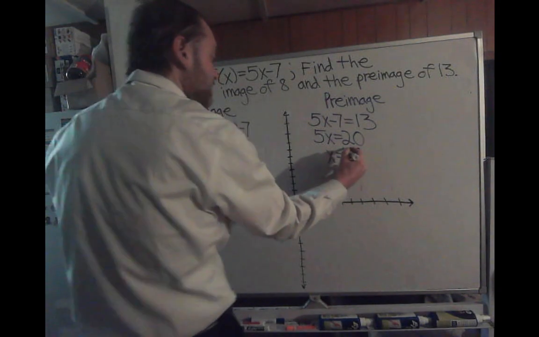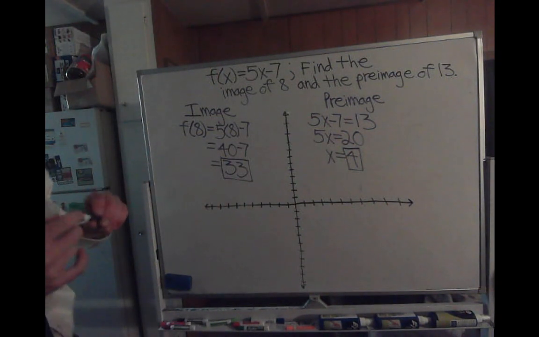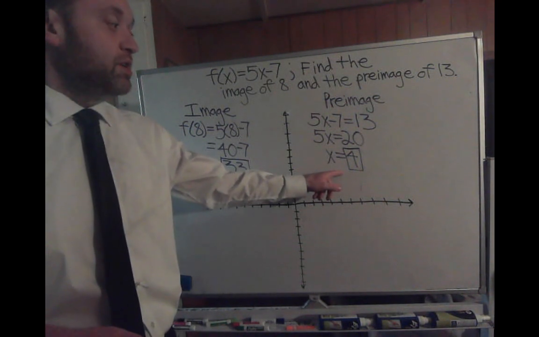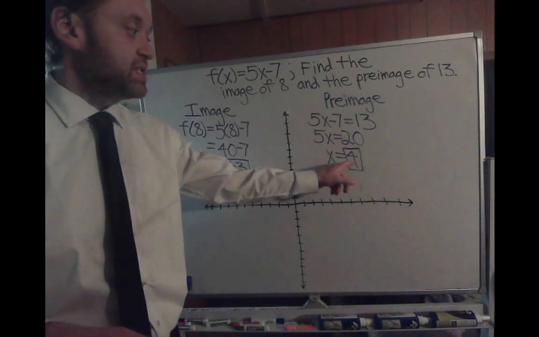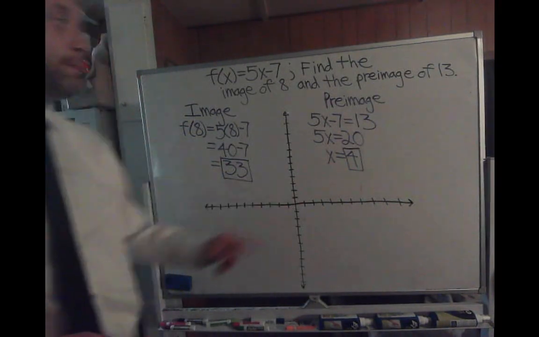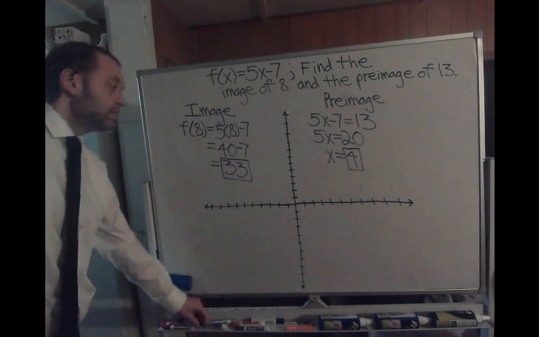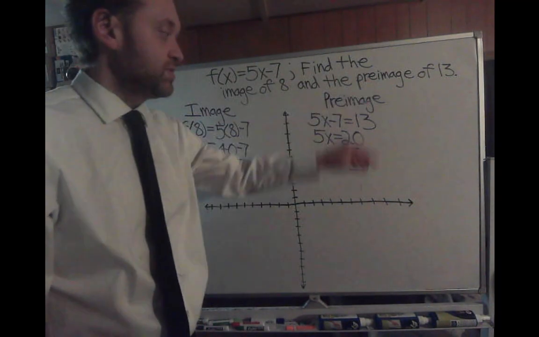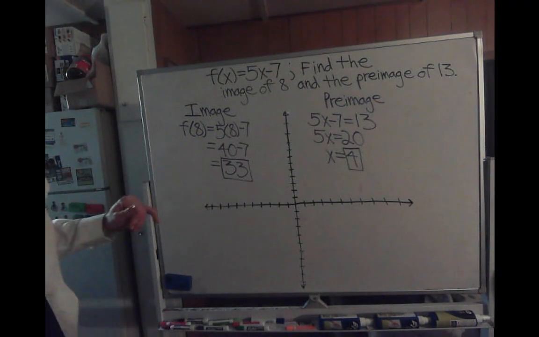So the preimage would be at 4. When you have an image of 13, the preimage would be at 4. If the image is 13, the preimage is 4.